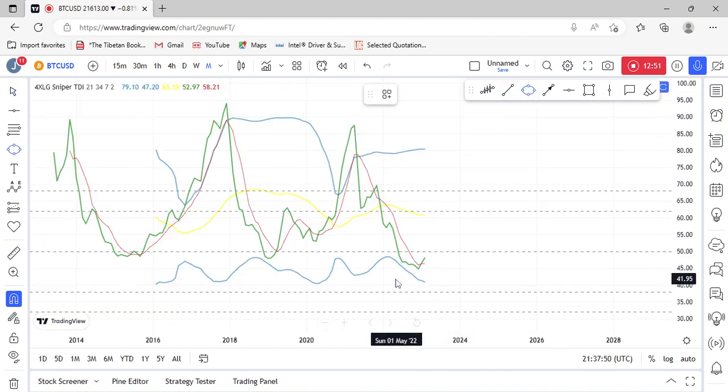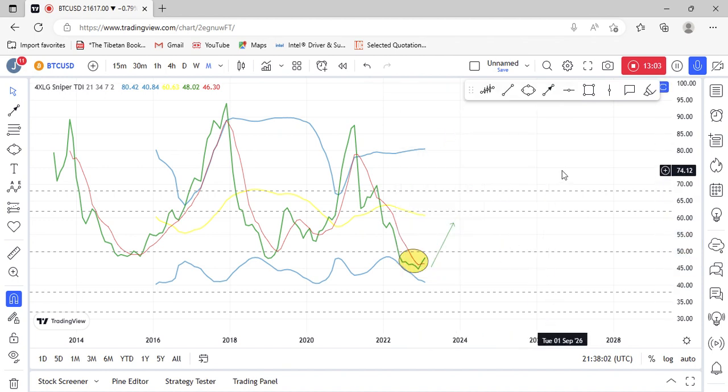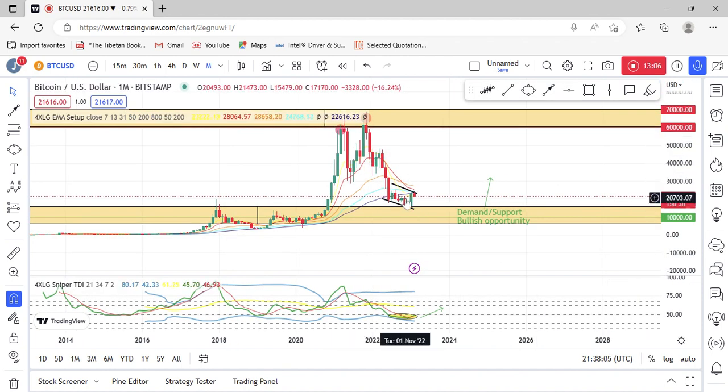As you see on TDI with a confirmation for a change of direction. So on BTC, recovering from all previous year's losses.